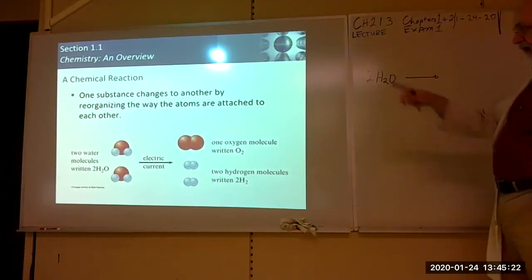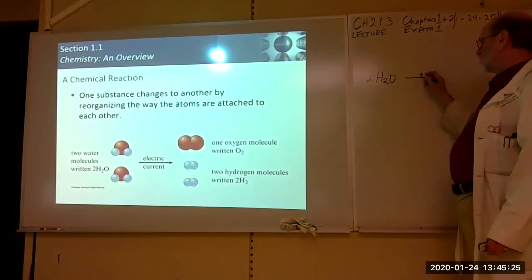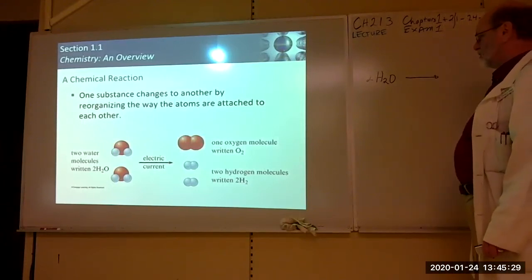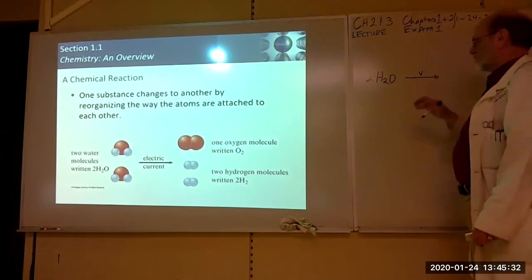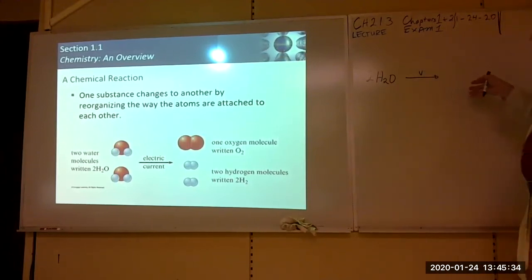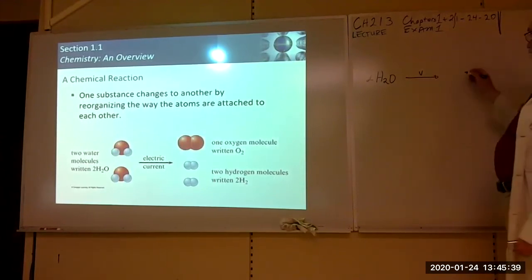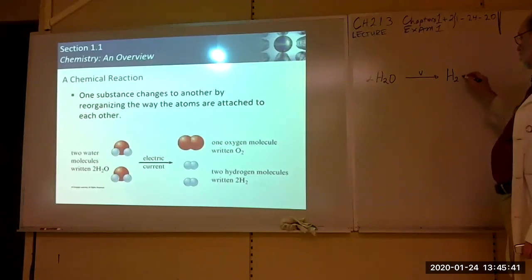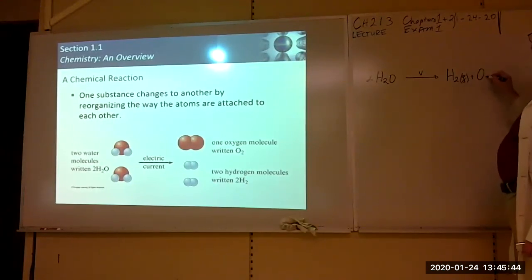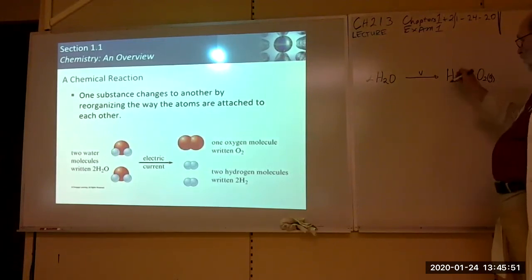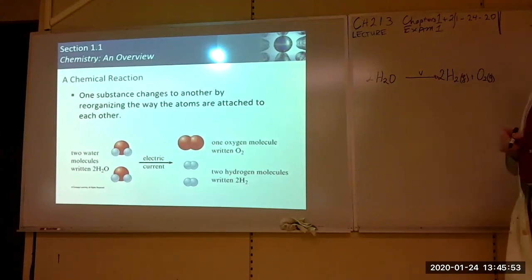And I think what's happening, okay, we're going to pass an electric current through there. So let's see, how do I write electricity? Voltage. So we're going to pass a direct current through there and split that molecule apart. And it's going to make hydrogen gas and oxygen gas. Okay. It's going to make one of these and 2 of those.